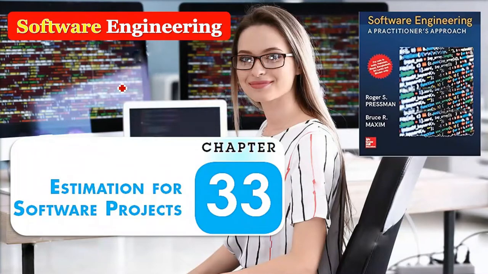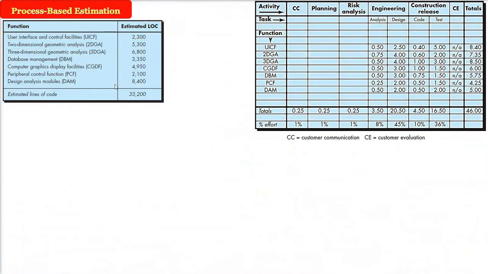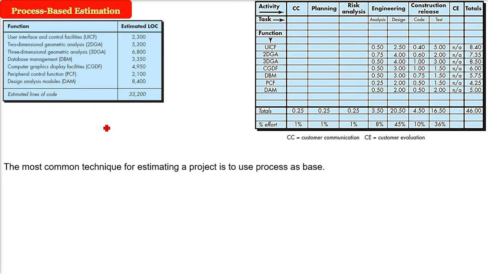In software engineering, we are taking chapter number 33, Estimation for Software Projects. Process-based estimation. Now, whenever we make a software project, we follow a certain software development life cycle.